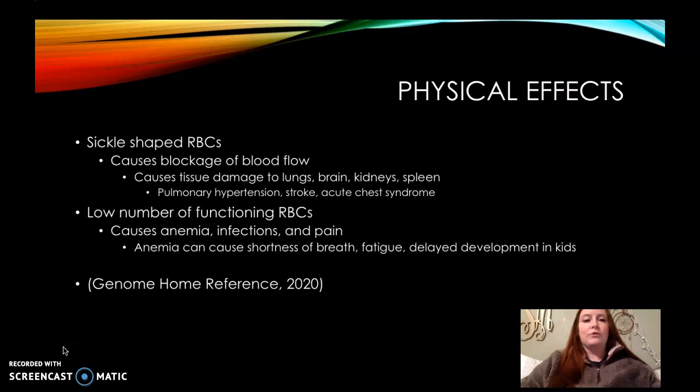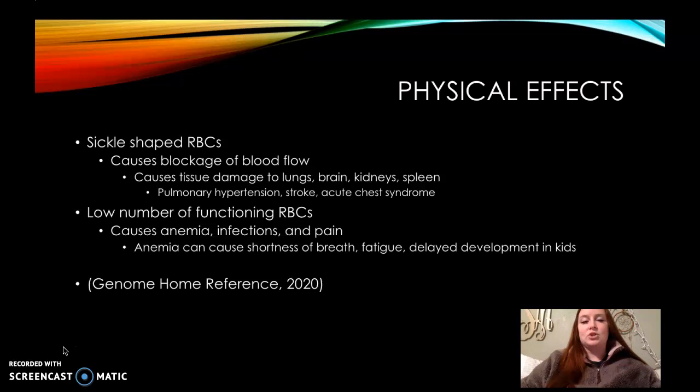So some of the physical effects, obviously it causes sickle-shaped red blood cells. This change in shape can cause blockage of blood flow in blood vessels, which in turn causes tissue damage to the lungs, brain, kidneys, and spleen.